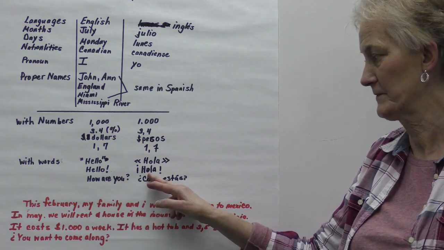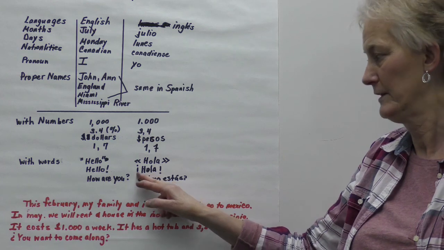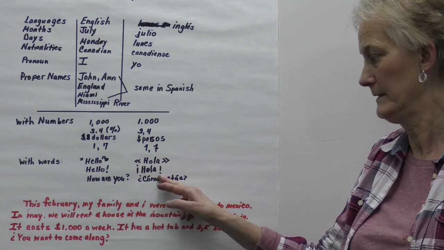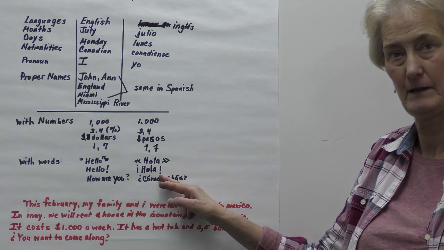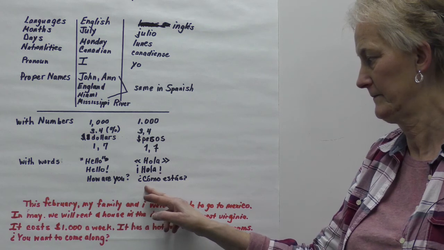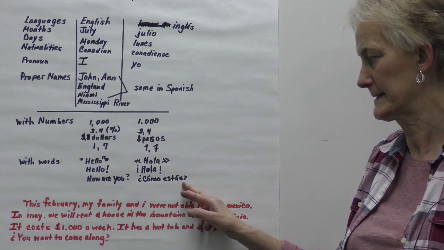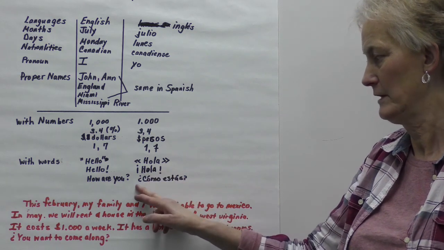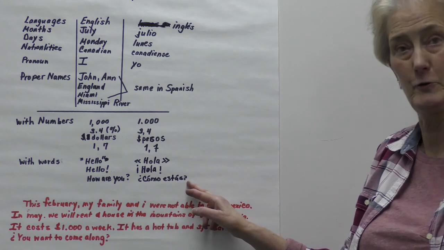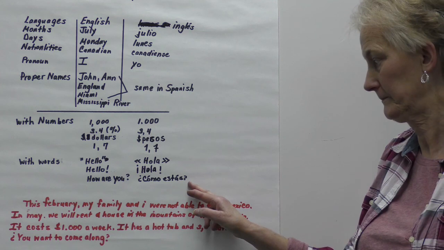In Spanish, you have the one inverted here and the one at the end. Okay. How are you? Question mark. ¿Cómo estás? Same as here. You have an inverted question mark and then a regular question mark.